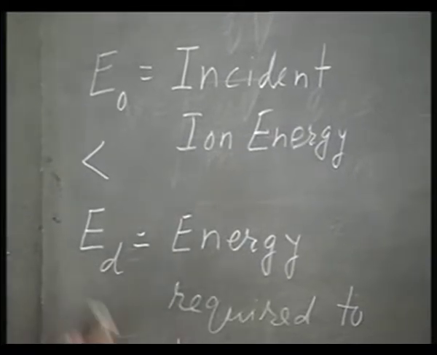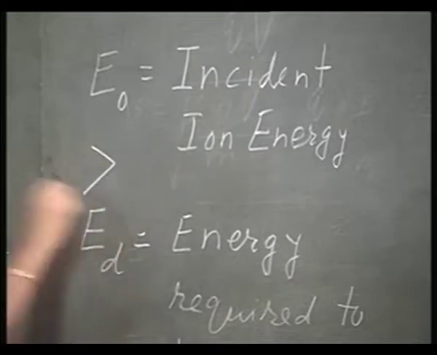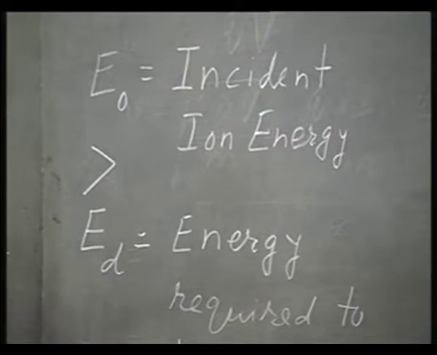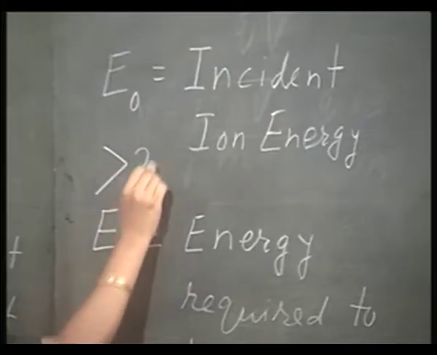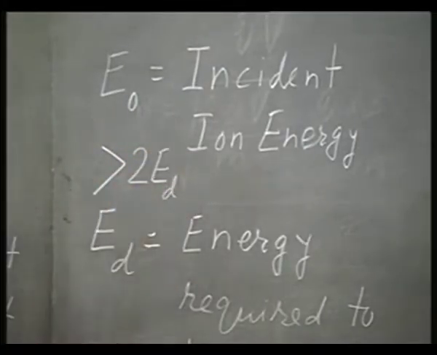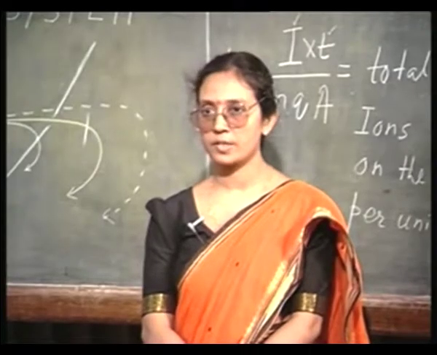If however E0 is greater than ED, but it is less than twice ED, then we will have a single displacement. It is greater than ED, it can cause a displacement, but it is less than 2 ED. So, we cannot have multiple displacement, right. But suppose it is greater than twice ED, then we can have multiple displacement or a cascade of displacements.